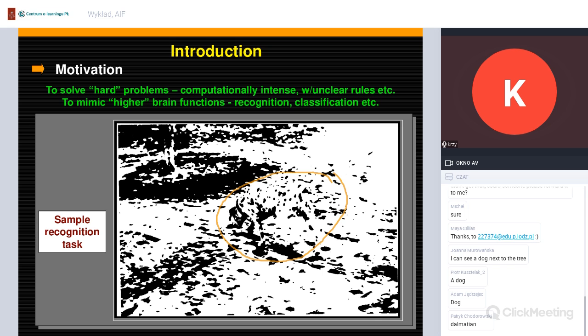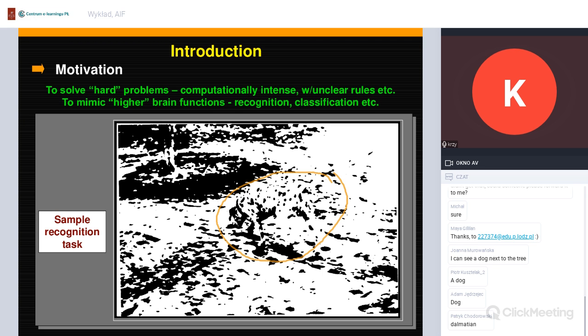So there are many tasks that cannot be solved in any simple or even complex algorithmic way. Many tasks need to be solved in a different way.